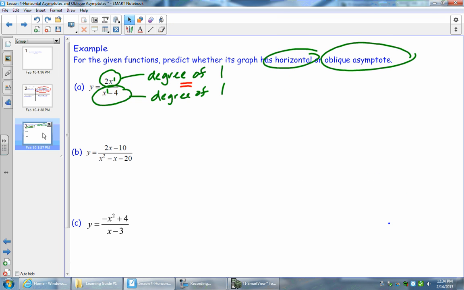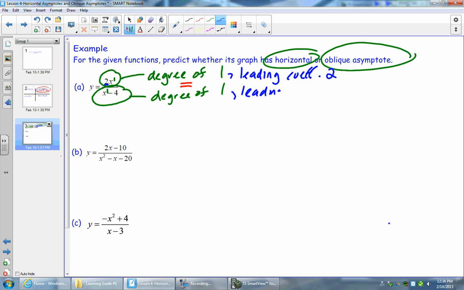Going back here, we first need to identify the leading coefficient of the top and the bottom. The top has a leading coefficient of 2. You're looking at the number in front of the term with the highest power. On the bottom we have a leading coefficient of 1, because there's actually a number 1 in front of that x.